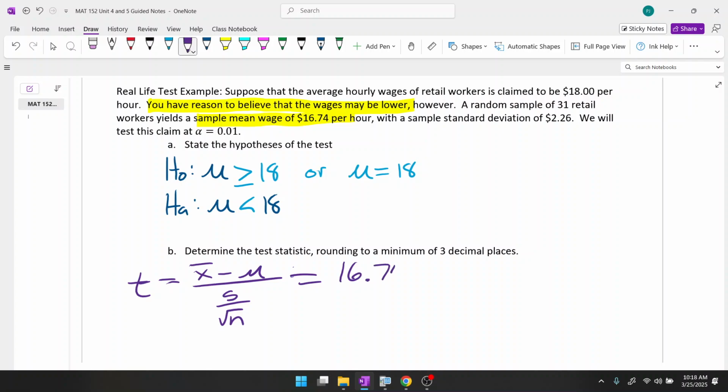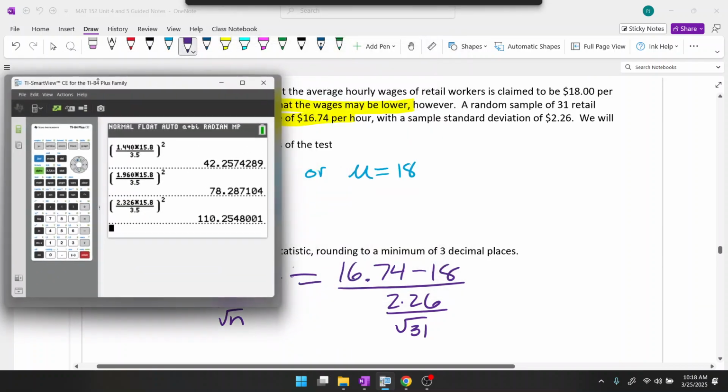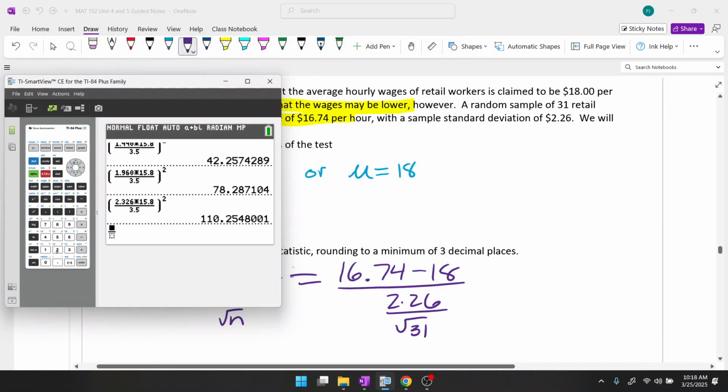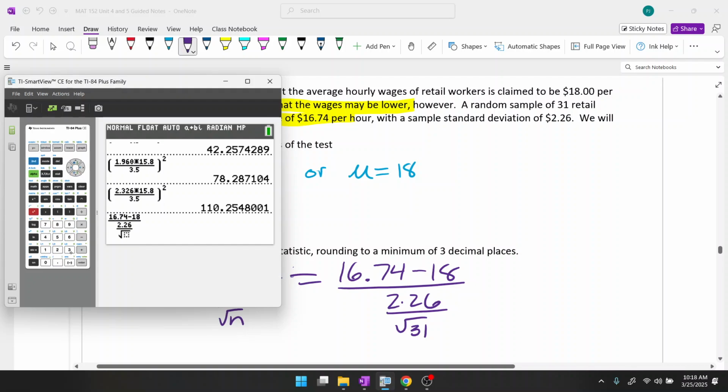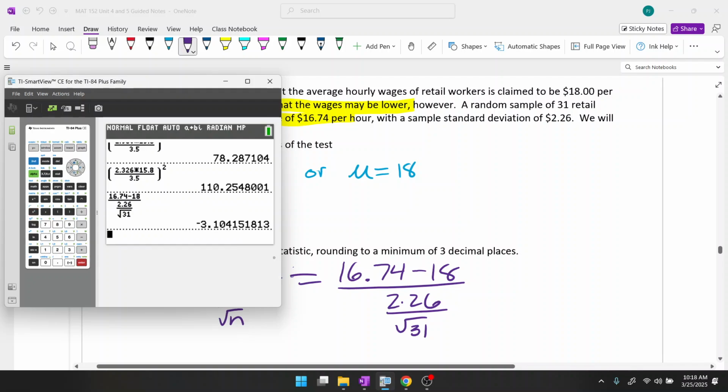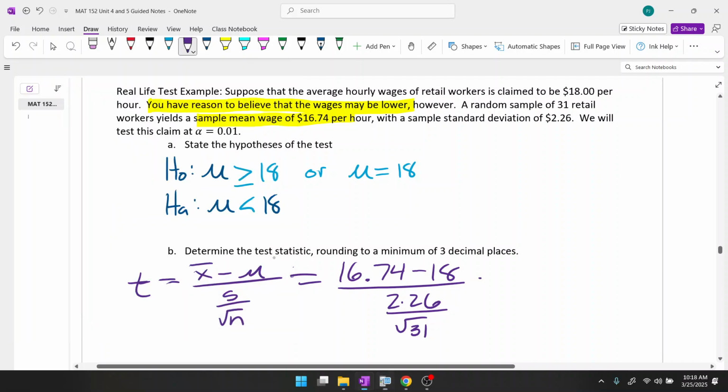So if you did 16.74 minus 18 over top of 2.26 over the square root of 31, we can do this in the calculator, and I'll even show you how this can be done on the calculator straight up. (2.26) over square root of 31. This is going to be negative 3.104.